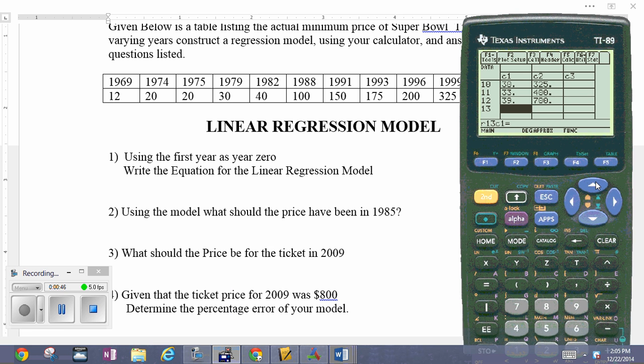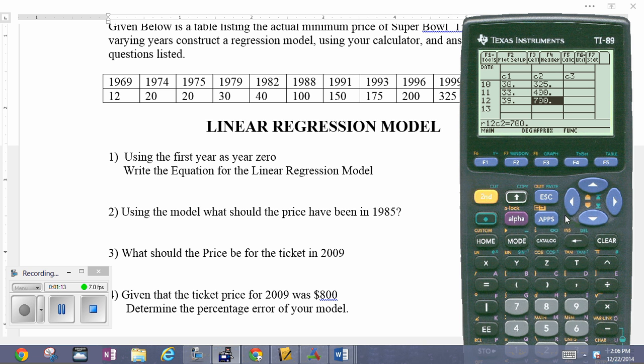Here I just put in these values for these years, with 1969 being year zero, and then here are the values. C1 is the year, C2 is the price, and in the last year the price was $700. Okay, so we're using this for predictive purposes.